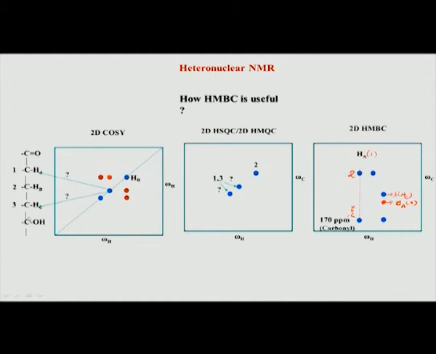One thing you may ask is why we are not discussing this carbon, which will come around 60 ppm. There may be a correlation between HC and this carbon, which I am not showing in this spectrum at all, because for me, just getting a correlation to the carbonyl is sufficient to resolve the doubt of which is HA and which is HC. Okay.